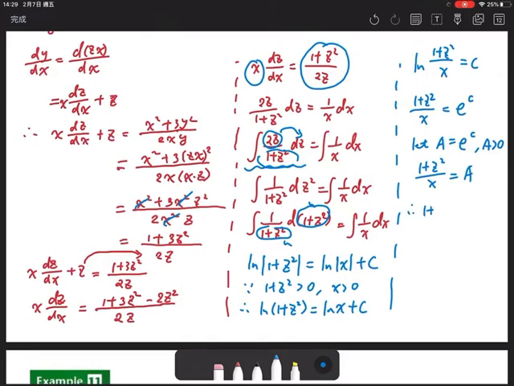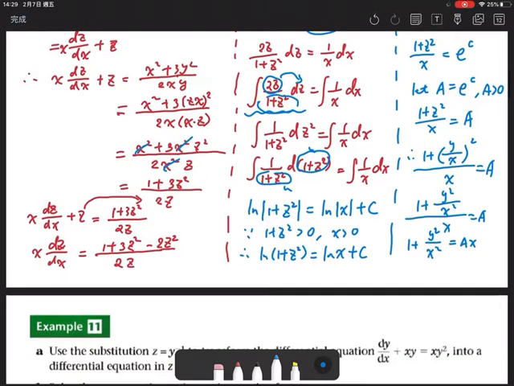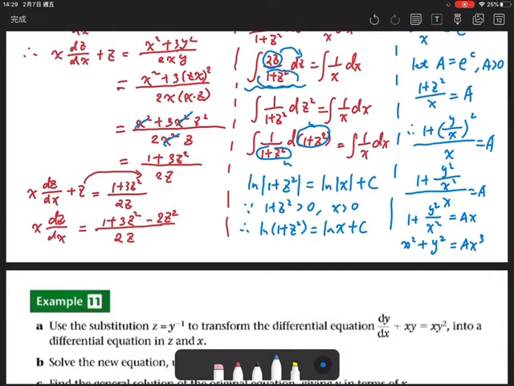So we get 1 plus y over x, squared, over x equals constant a, and simplify it, so it will be 1 plus y squared over x squared equals ax, and finally we multiply x squared on both sides, so it will be x squared plus y squared equals ax cubed.